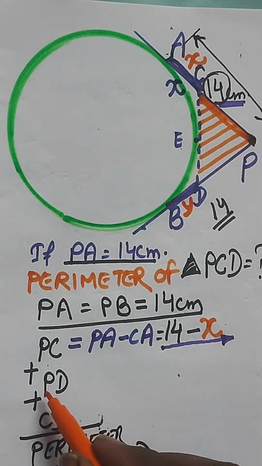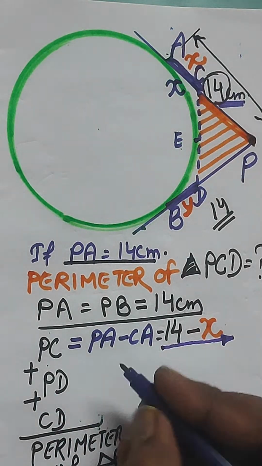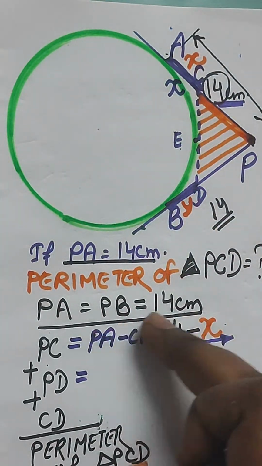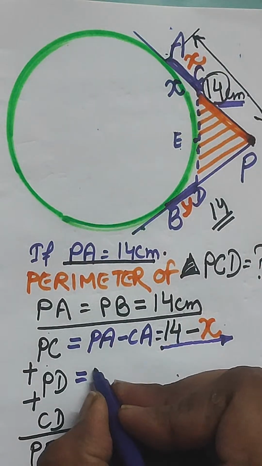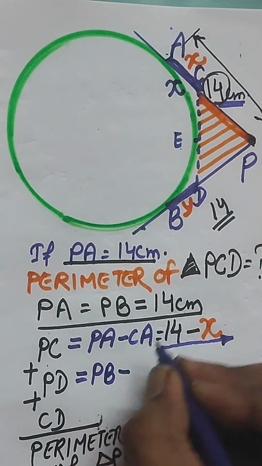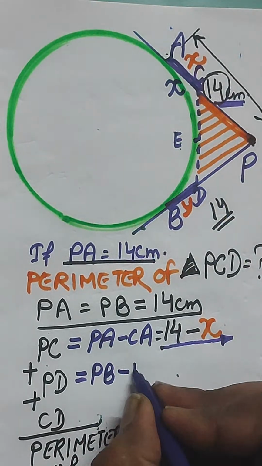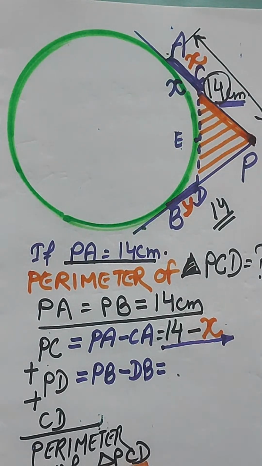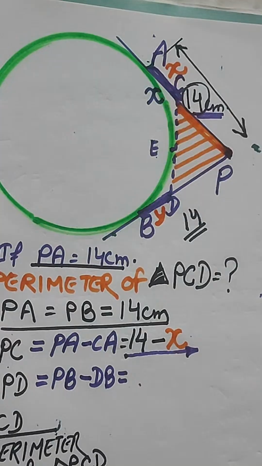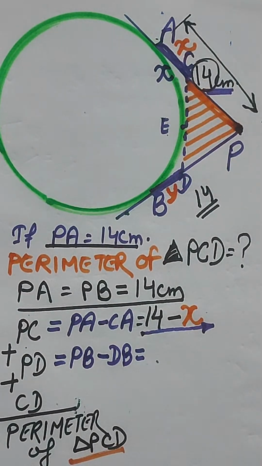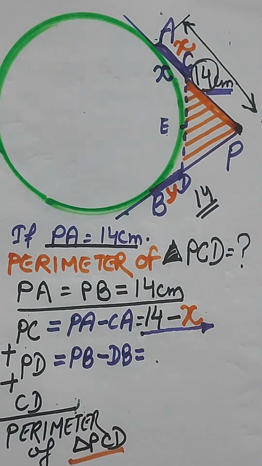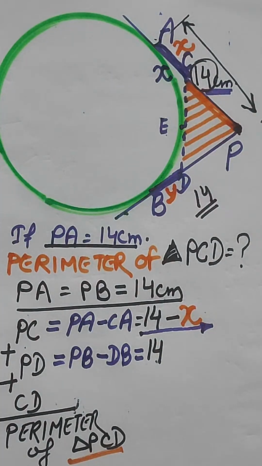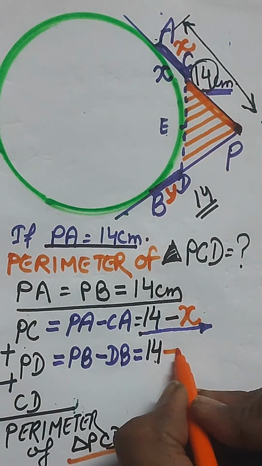Now similarly for PD, you are knowing the length of PB from here, PB equal to 14, so just write PB minus DB. And what is the length of PB? PB is nothing but 14, right? So we write 14 minus DB.